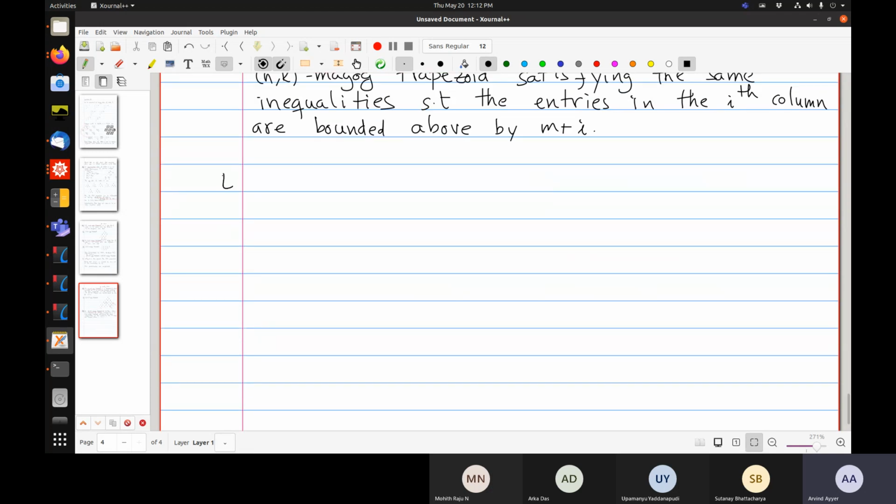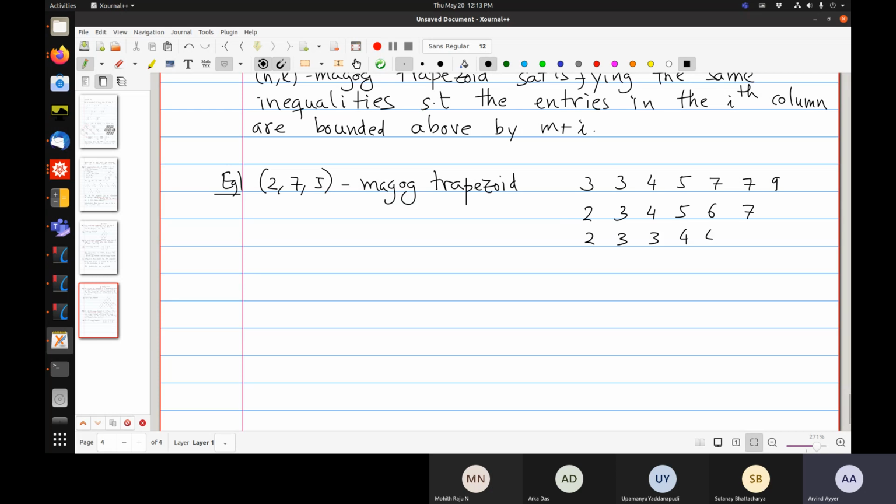So here's an example again of a 2 7 5 Magog trapezoid. So 3, 3, 4, 5, 7, 7, 9. 2, 3, 4, 5, 6, 7. 2, 3, 3, 4, 4. 1, 2, 3, 3. 1, 1, 2.